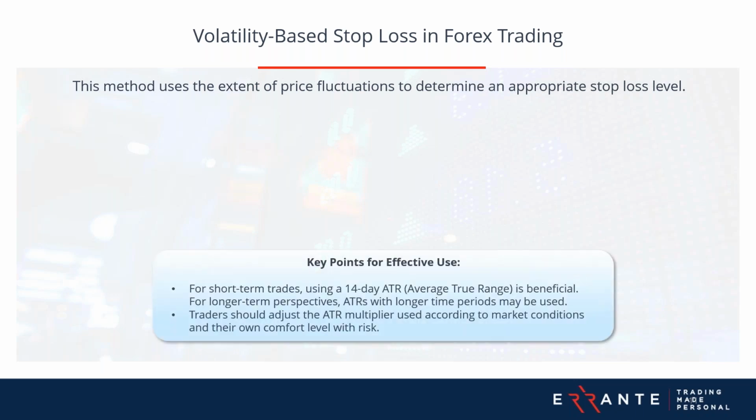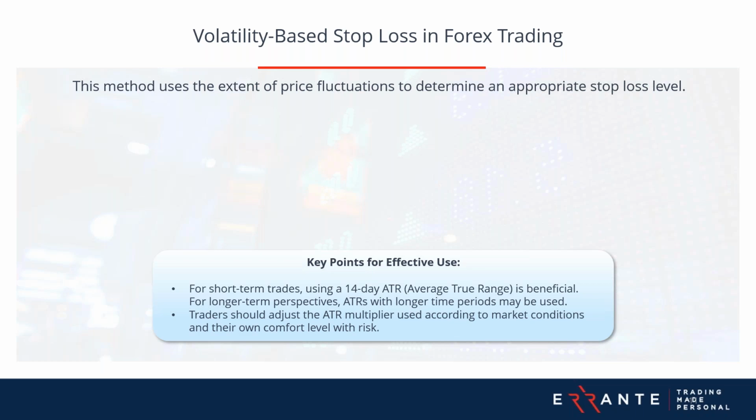For effective use of volatility-based stop loss, consider the following key points. First, the duration of ATR use. For short-term trades, utilizing a 40-day average true range, or ATR, is beneficial because it reflects the most recent market volatility, and this is a very common way to use it. However, for positions held over a longer term, using an ATR with a longer duration may provide a better overview of market changes.